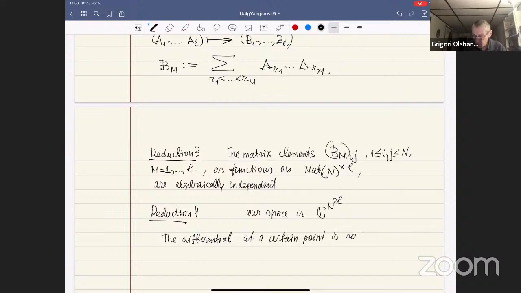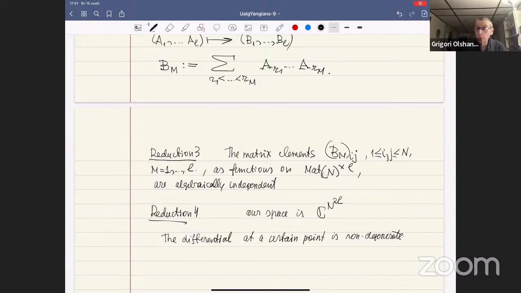If we prove this, it's enough, because we have some change of coordinates. We have initial coordinates, and at some point the tangent map is one-to-one. So the image of these coordinates gives us, again, an algebraically independent system. So we want to prove this.